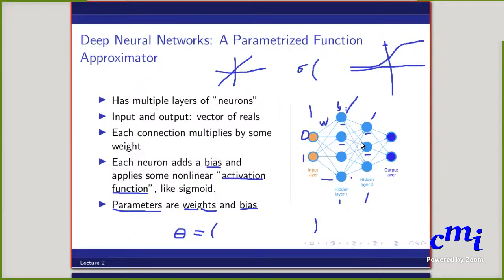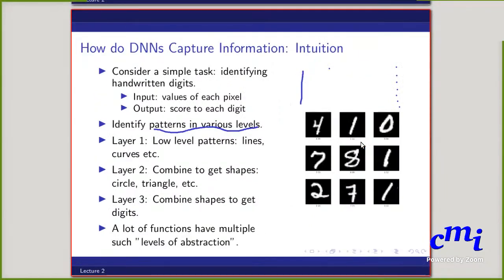So if you don't have some nonlinear activation function, it can be a sigmoid, but there are also other choices, which we might get into in later slides, then the entire structure becomes linear, which is going to be much less expressive. It's very hard to imagine that just a linear function would be able to do something like this digit classification.